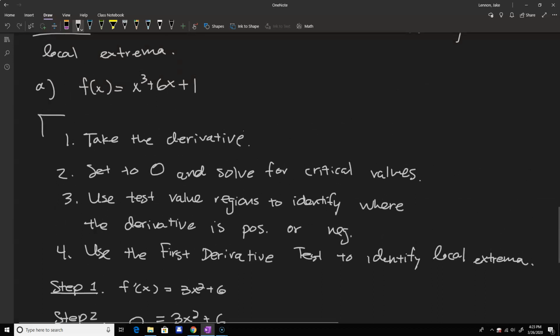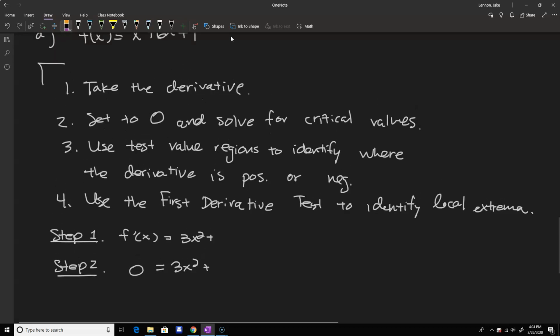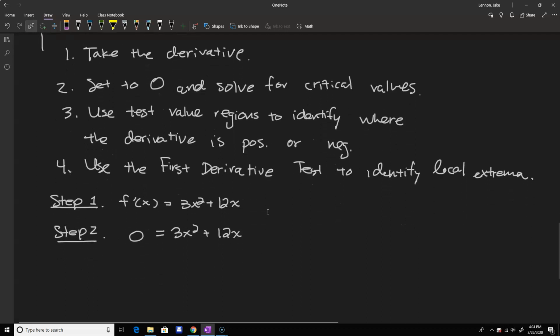So let's change it from f of x equals x cubed plus 6x to x cubed plus 6x squared plus 1. And then our derivative will be instead 3x squared plus. Now when you take the derivative of x squared, you would get 2x, and 2x times 6 is 12x. So we're going to have 3x squared plus 12x. So sorry about that typo. So now we have something reasonable to solve.